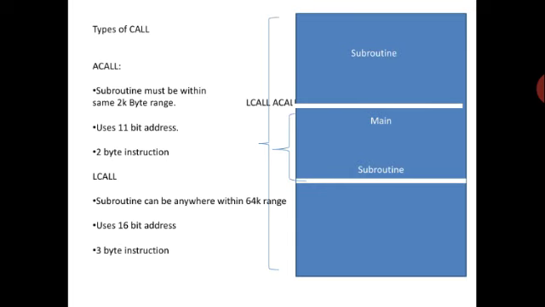In ACALL, the subroutine will be within the 2 kilobyte range, whereas in LCALL it can be anywhere in the 64K range. ACALL uses an 11-bit address and LCALL uses a 16-bit address. The address is longer because it has to cover the entire range. And ACALL is a 2-byte instruction, and LCALL is a 3-byte instruction.